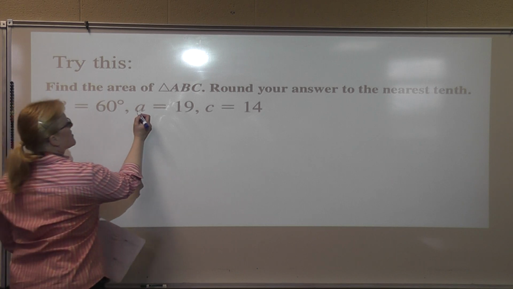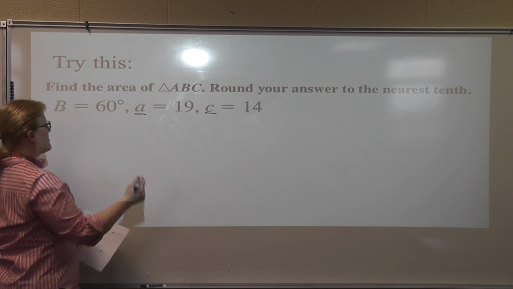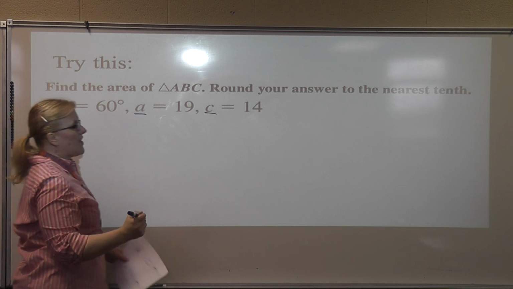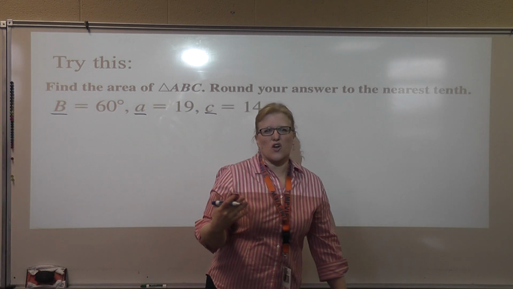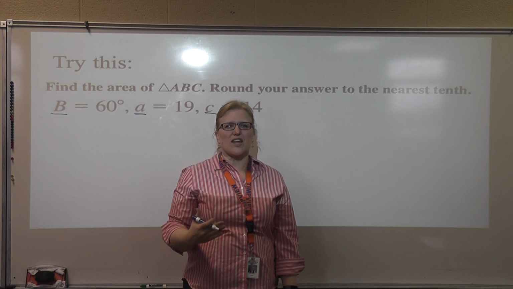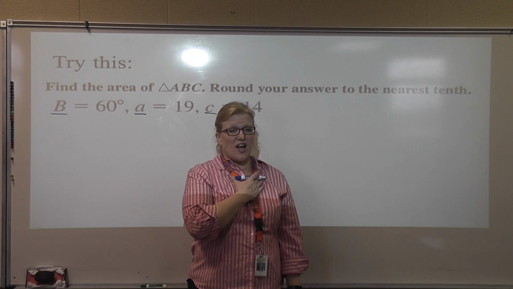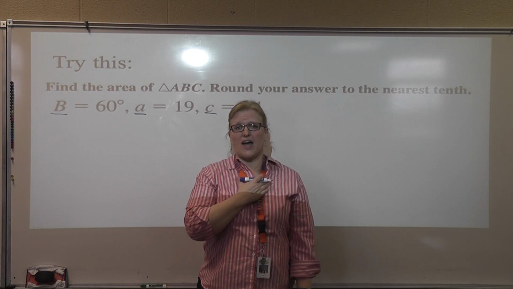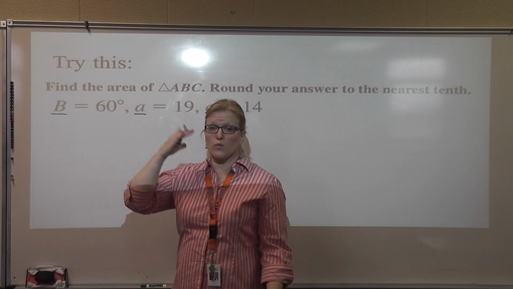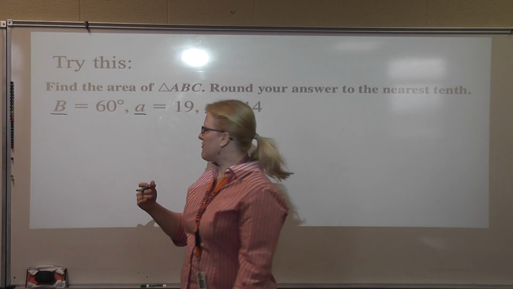Look, we've got A and we've got C. We've got those sides, and we have the angle B. I would draw a triangle, but in this case, I really don't think that you need to. I usually like to draw triangles, but in this case, when we have this area formula memorized, it's pretty straightforward.